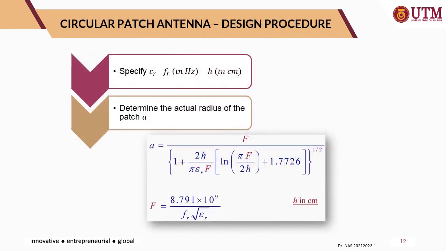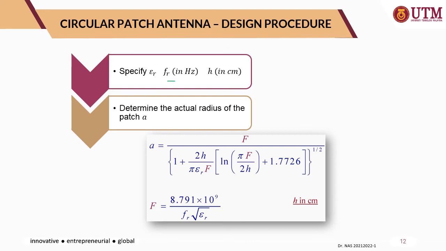Now let's have a look at the procedure, or the steps, for designing a circular microstrip patch antenna. It is much simpler compared to the rectangular patch antenna design steps. The first step is to specify the parameters such as the relative permittivity, or the dielectric constant, the resonant frequency in hertz, and the thickness of the substrate in centimeters.